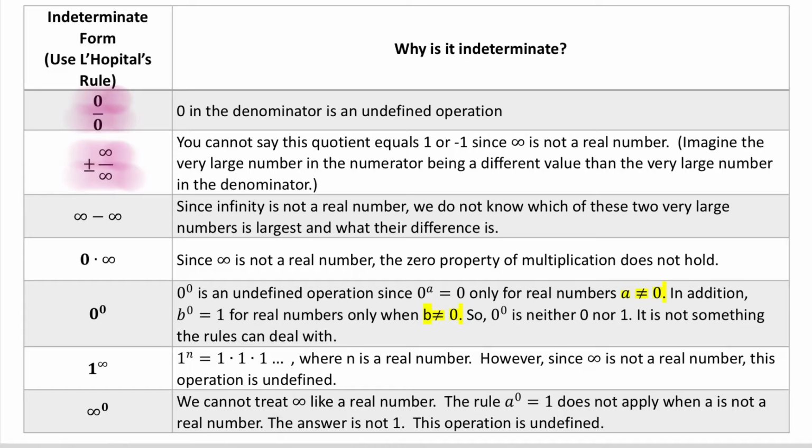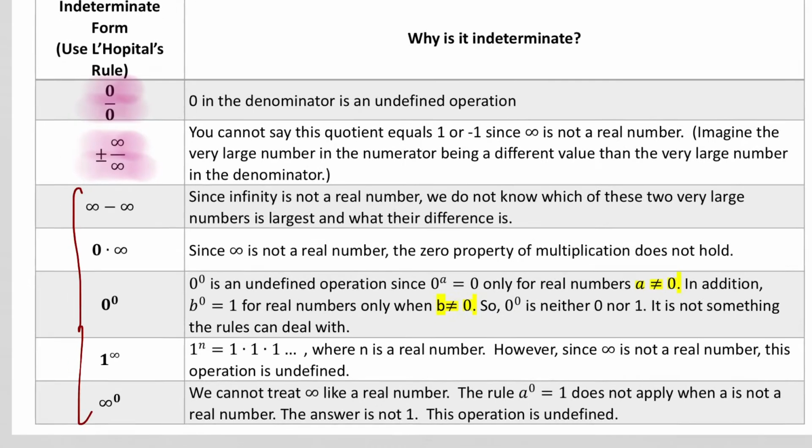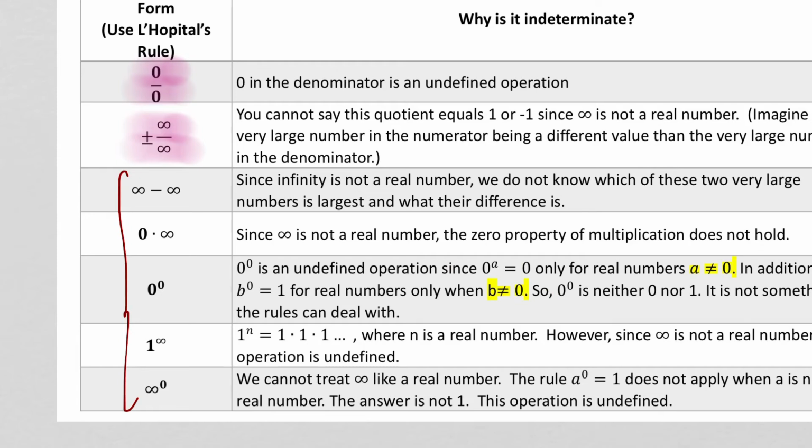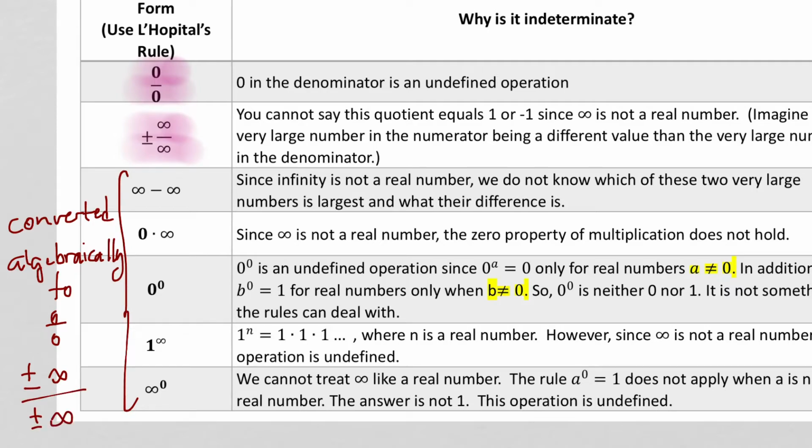So we can say here that these 5 here need to be converted algebraically to either 0 over 0 or infinity over infinity so that we can use L'Hopital's rule. And that's part of what we're going to be working on here.